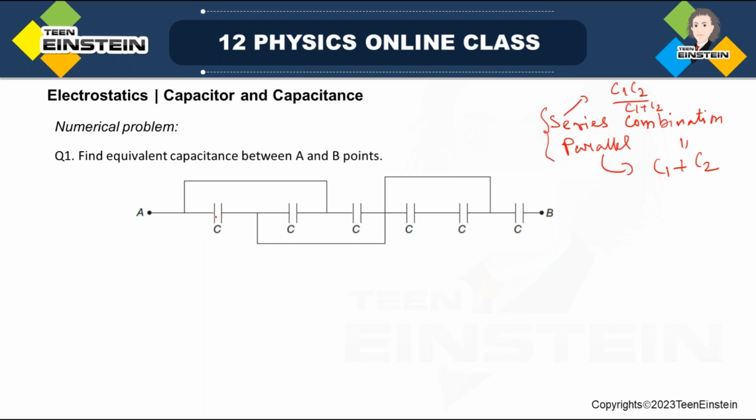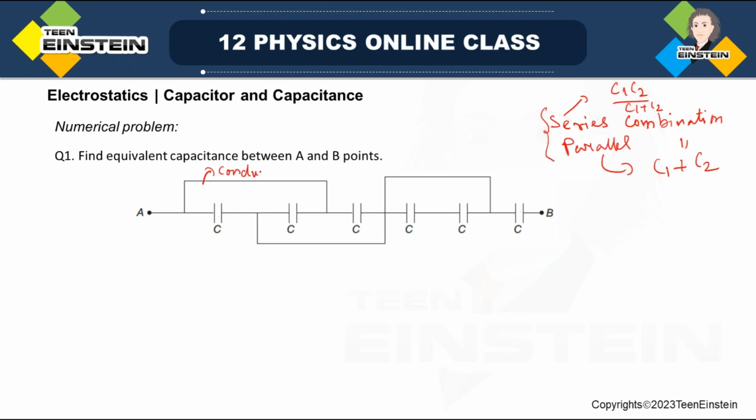First of all, these are capacitors. This is one, this is another one, and there are 6 like that. But you can see this is a conducting wire.